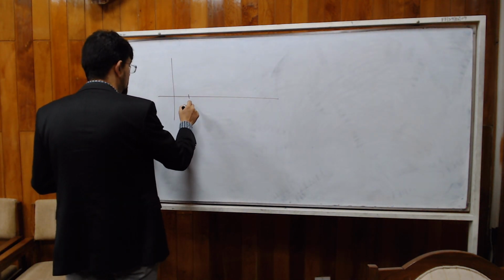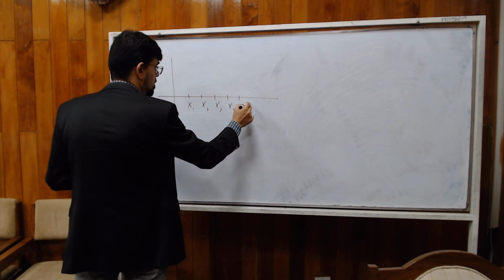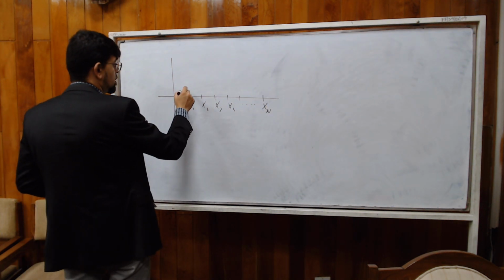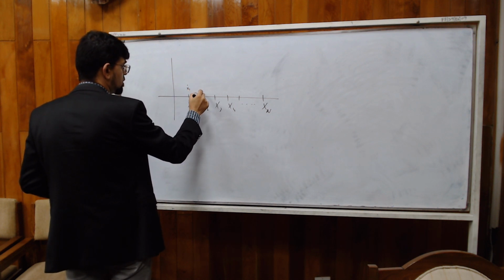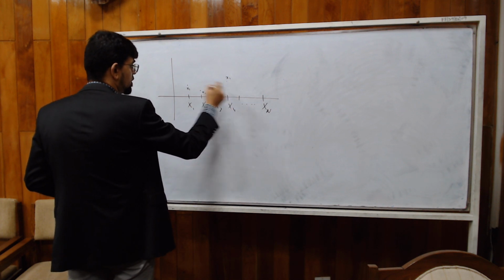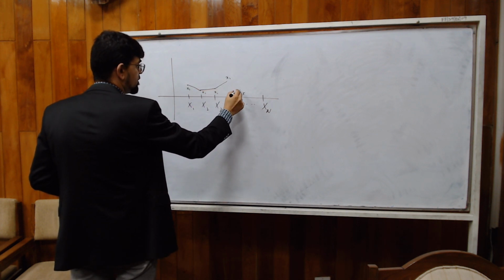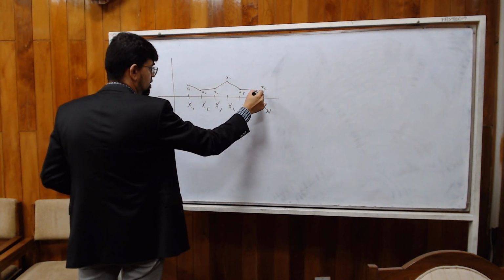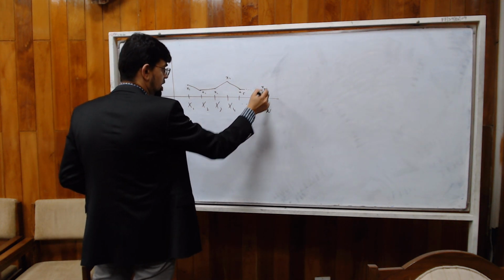So x1, x2, x3, x4 and so on, xn, and we say, in this one realization it took x1 value here, then it took x2 value here, then it took x3 value here, x4 value here, and so on, x5 value here, and xn value here.